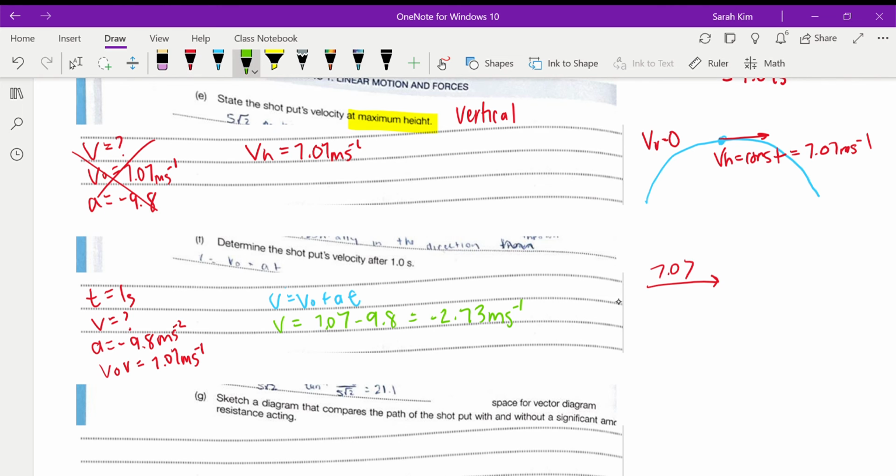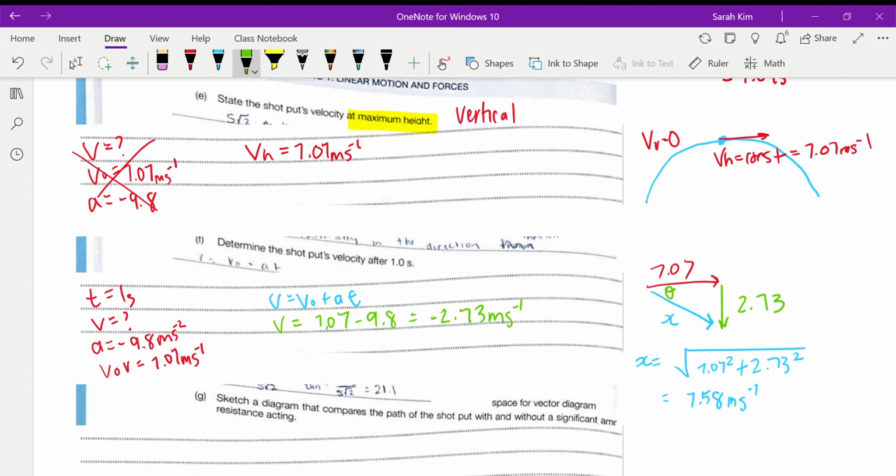My vertical is downwards at 2.73, so you've got to figure out the resultant vector, which is just going to be Pythag. We should be used to this stuff by now. Chuck that in your calculator. And there we go. Now, the angle.